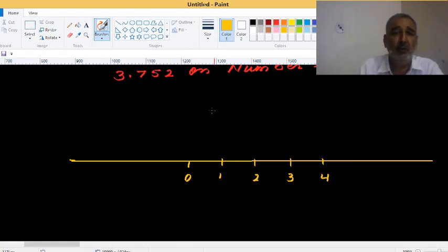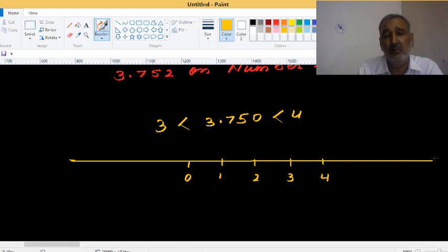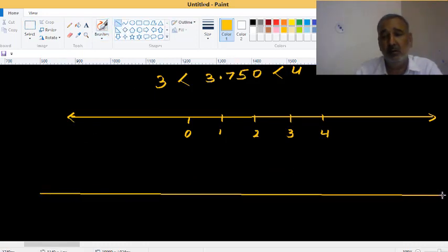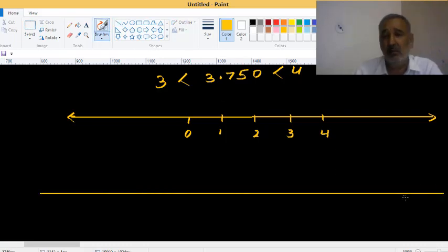This number lies between 3 and 4: 3.750 is greater than 3 and less than 4. Is it clear? Now I am taking one more number line so that number 3 and number 4 could be stressed.